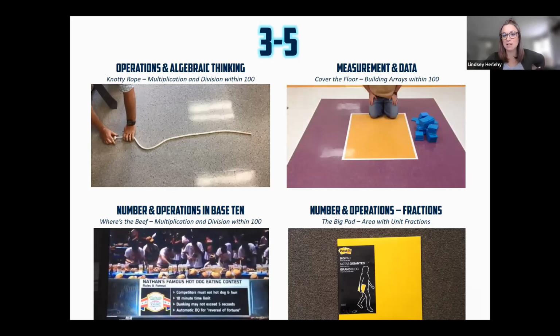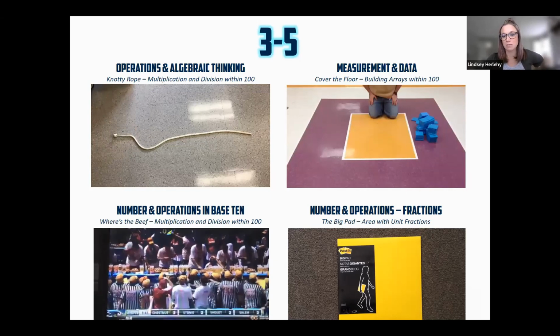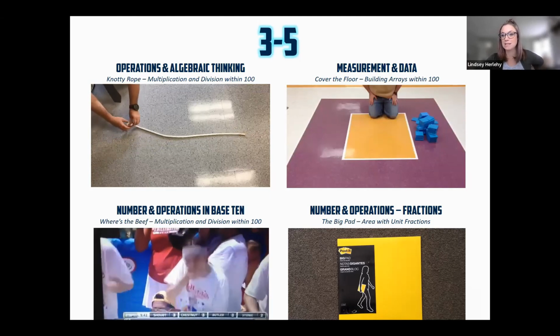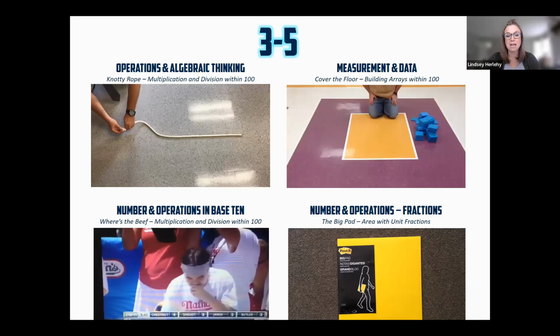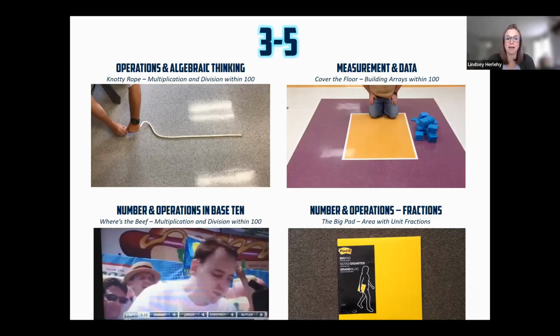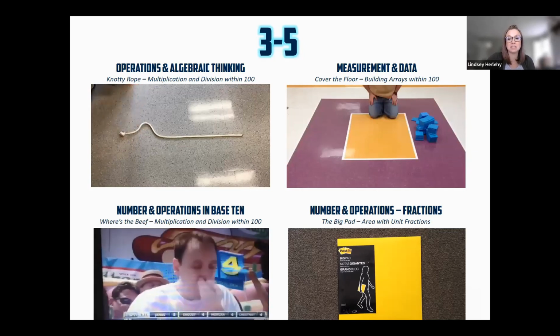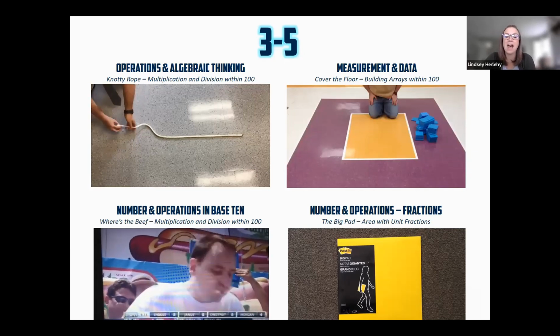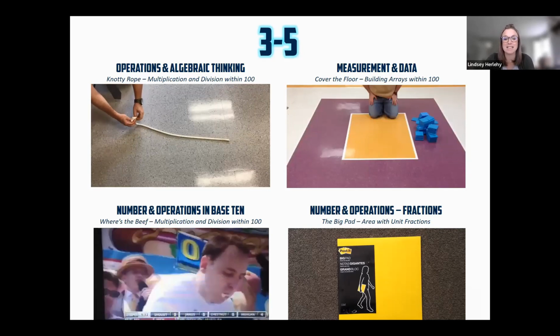The measurement and data one, the example I pulled out is building arrays within 100. They take those place value blocks and see how many of them fit into that rectangle. The one down at the bottom left is disgusting. It is how many hot dogs can he eat? It is the hot dog eating championship one. Multiplication and division within 100. And then of course there is an area with unit fractions. So really all over the spectrum here in terms of what you could have your students explore.